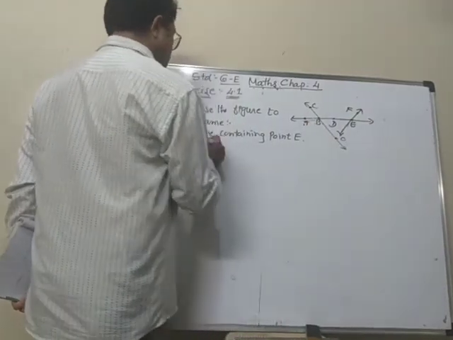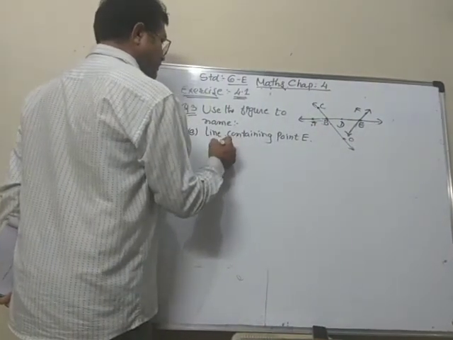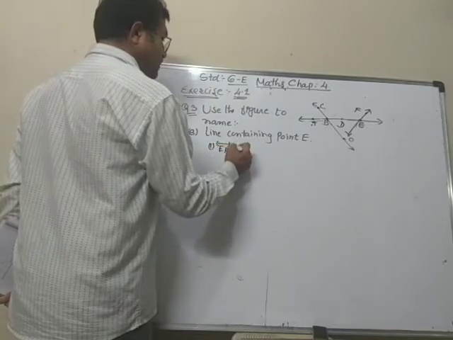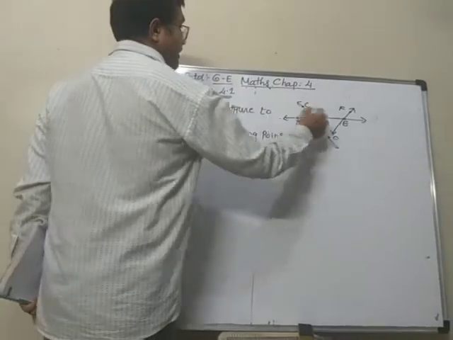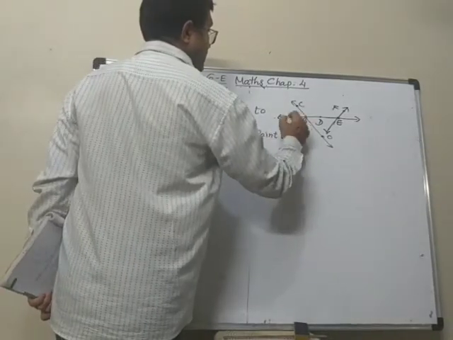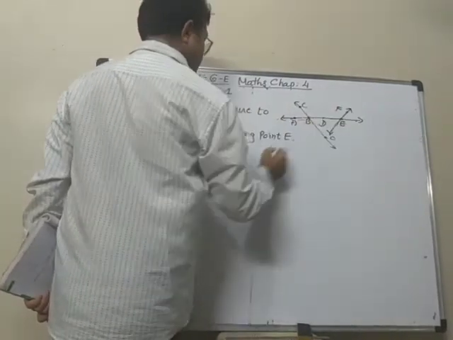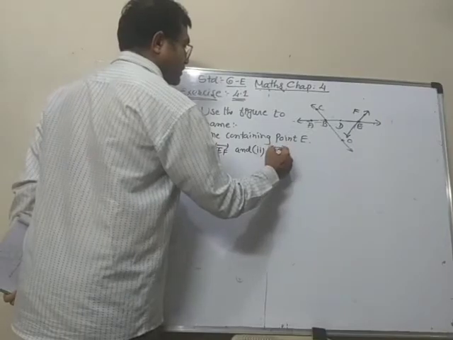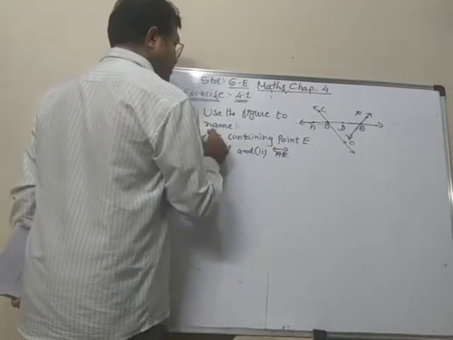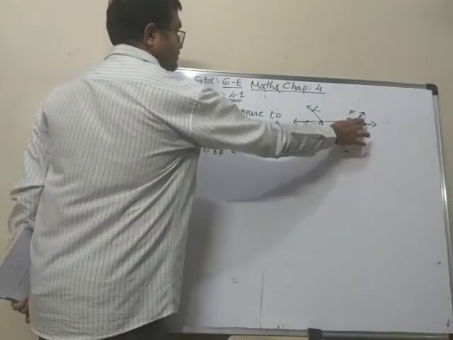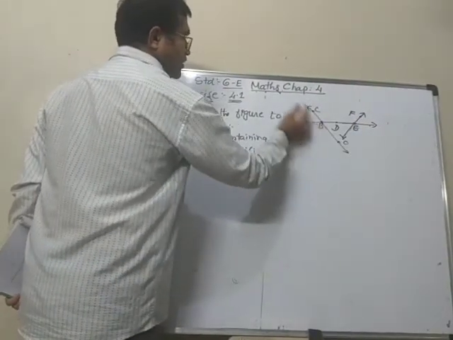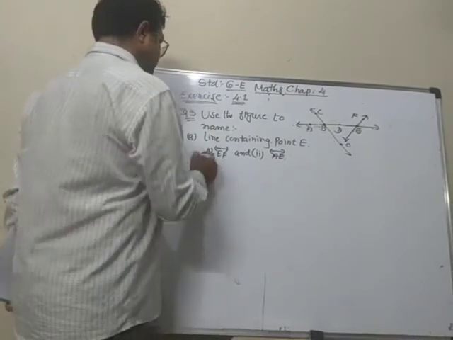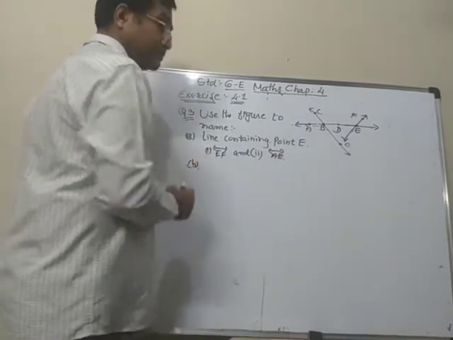So you can write down both lines: EF, and you can say line AE or BE or DE, whatever. So the lines containing point E are both line AE and line FE. It is not on line CB, so we cannot write down that one.